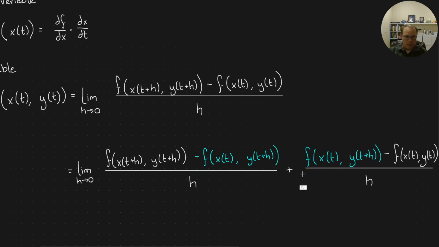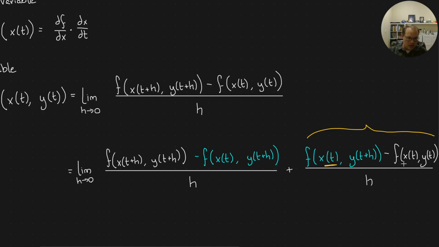But by adding both of these in, it allows me to focus on the change on this side, just the change in x, right? I go from x of t to x of t plus h while leaving y of t plus h constant, right? And over here, I'm doing it the other way around.